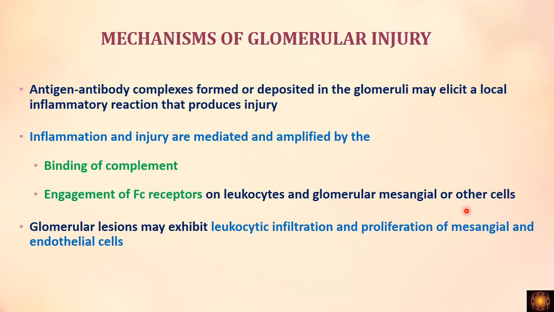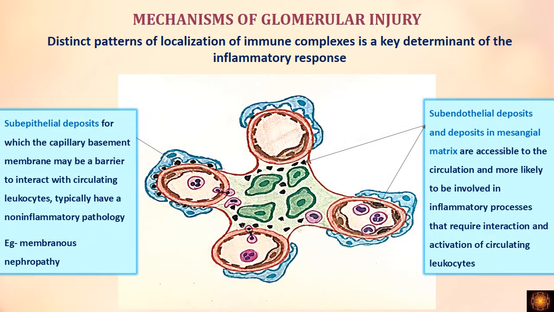So glomerular lesions exhibit leukocyte infiltration. Then we can have the proliferation of mesangial cells and the endothelial cells. So now we'll be saying how the location of the immune complexes affects the inflammatory reaction.